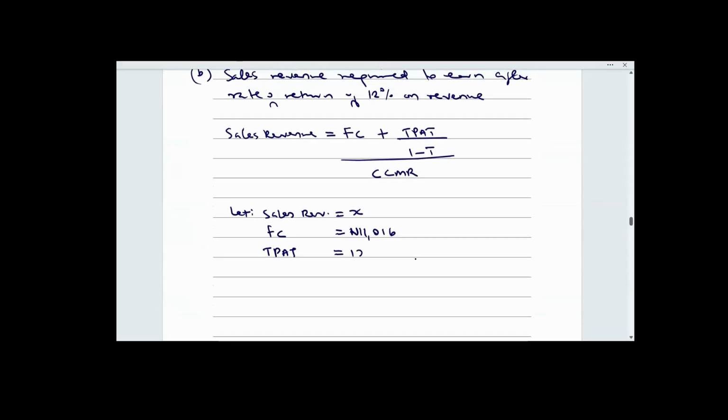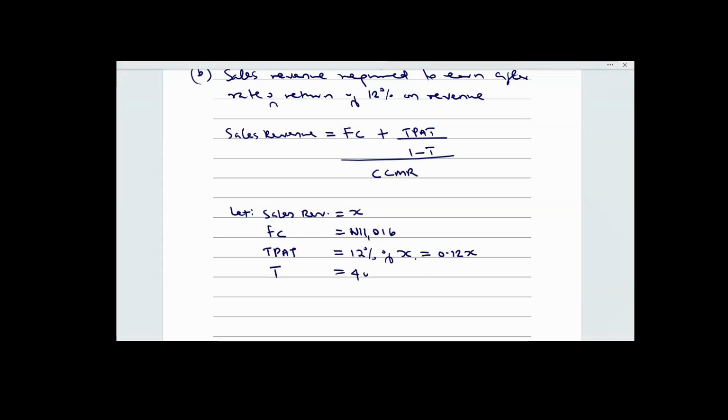Therefore, 12% of X, which is 0.12X. My tax rate T, according to the question, is 40%.